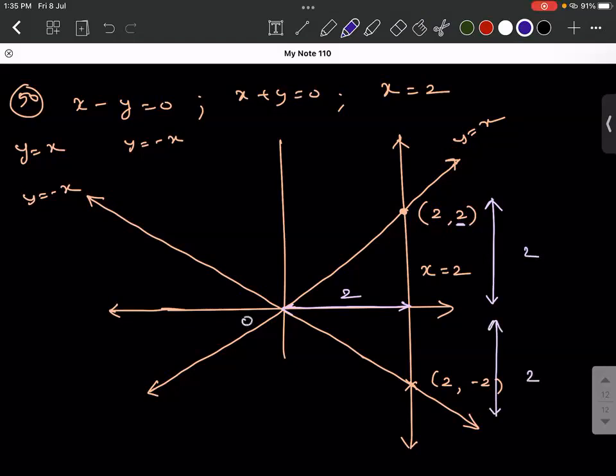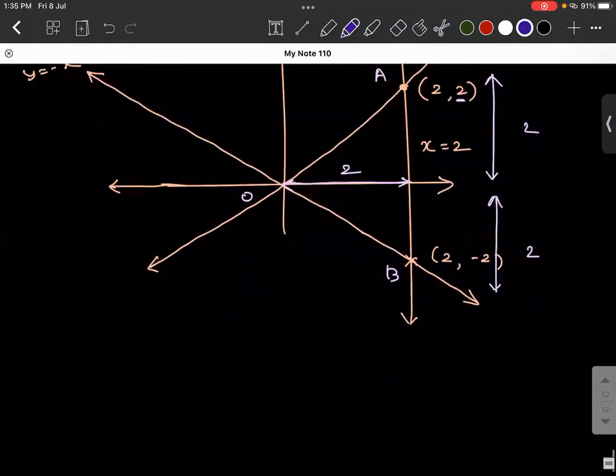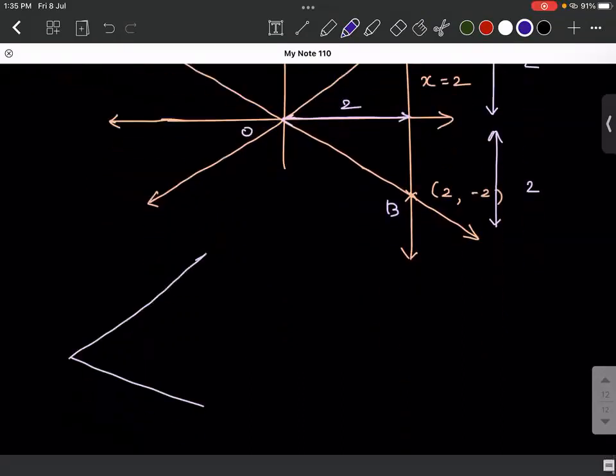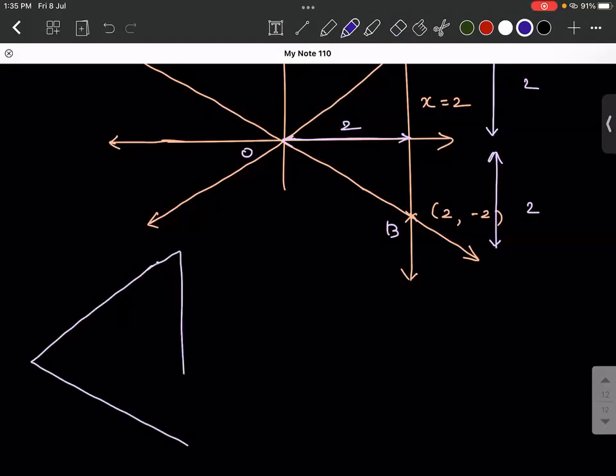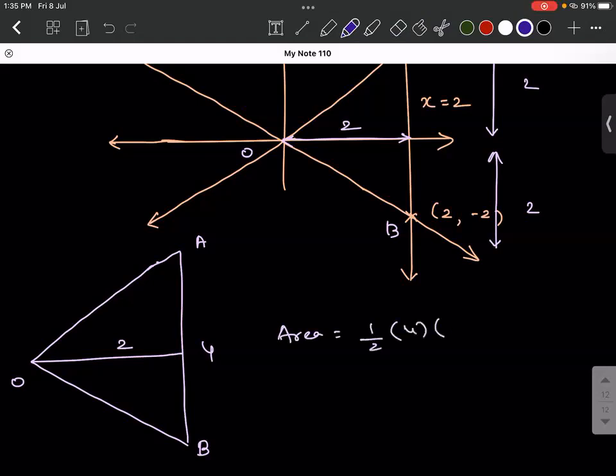So if I draw a separate triangle like this as OAB, this is 4 and this is 2. So what is the area of the triangle? Half into base into height. Answer is 4 square units.